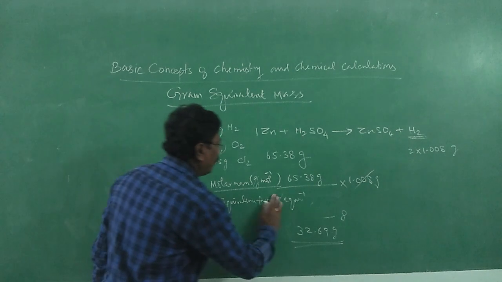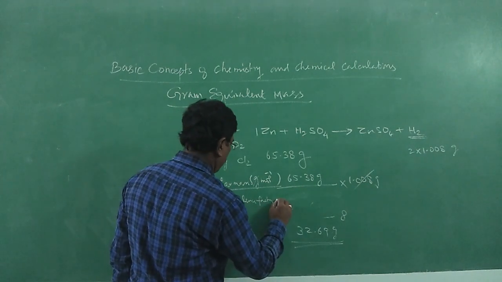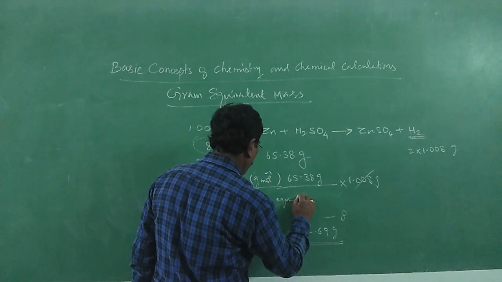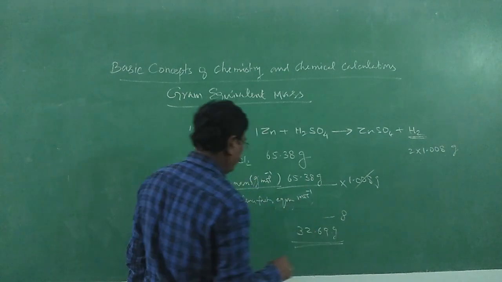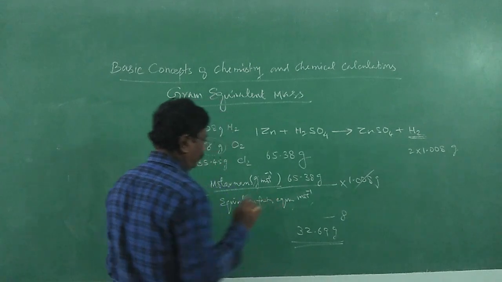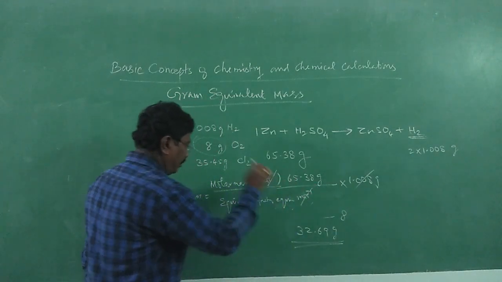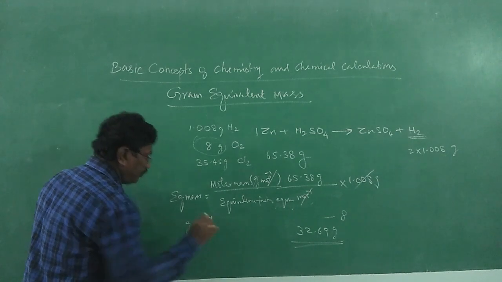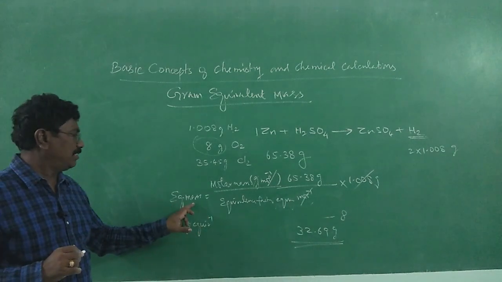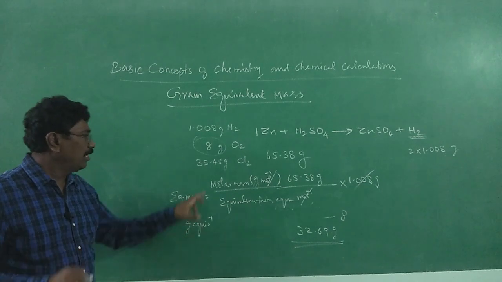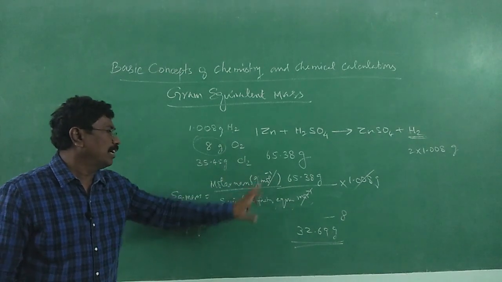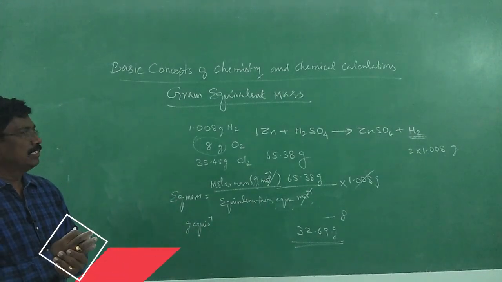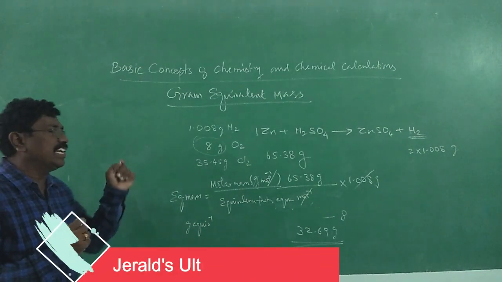Gram per mole divided by equivalent per mole: mole and mole get cancelled, and you will be getting the unit gram per equivalent. So equivalent mass has the unit gram per equivalent, and molar mass has the unit gram per mole. Molar mass is for 1 mole of a substance, and equivalent mass is for 1 equivalent of a substance. So the equivalent mass is needed in so many analytical chemistry reactions.